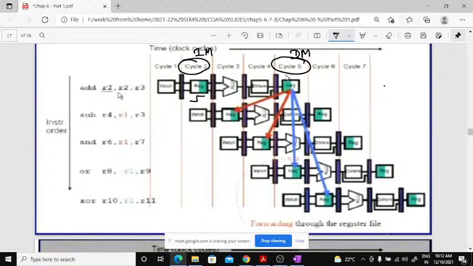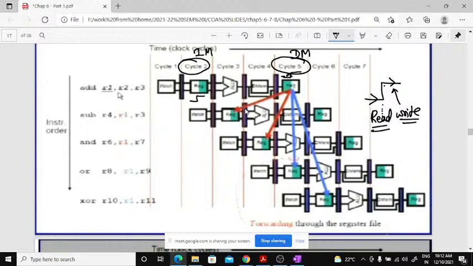Here also, the green color is represented with respect to the clock pulse, okay. For half of the cycle it performs some read operation, then in the remaining half the write operation, read and write operation, okay.